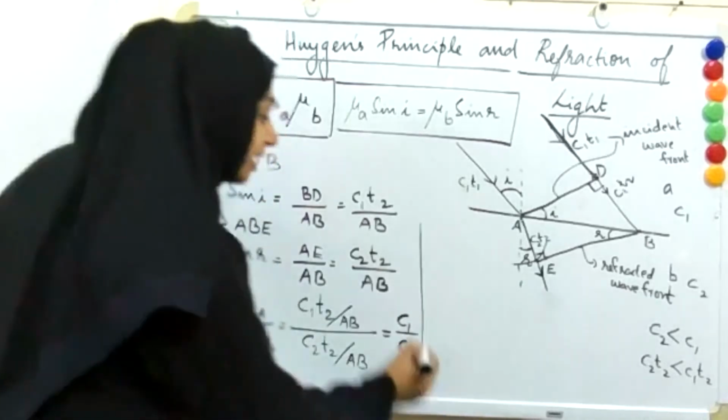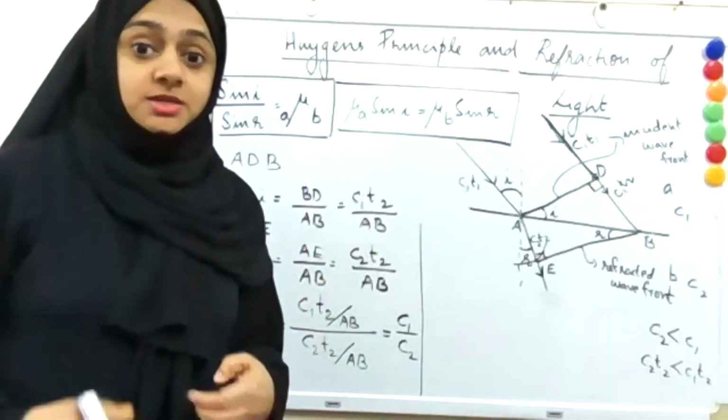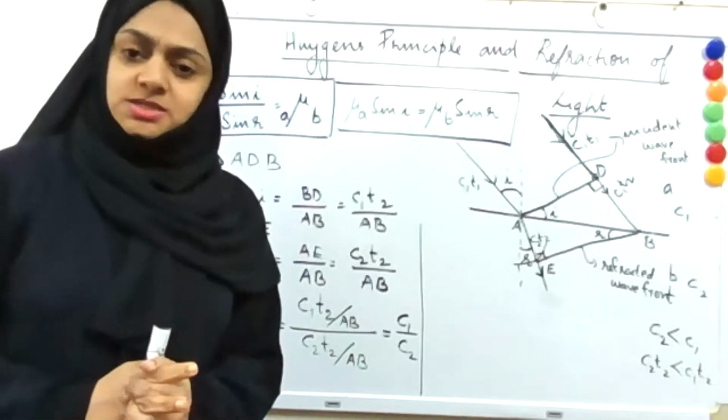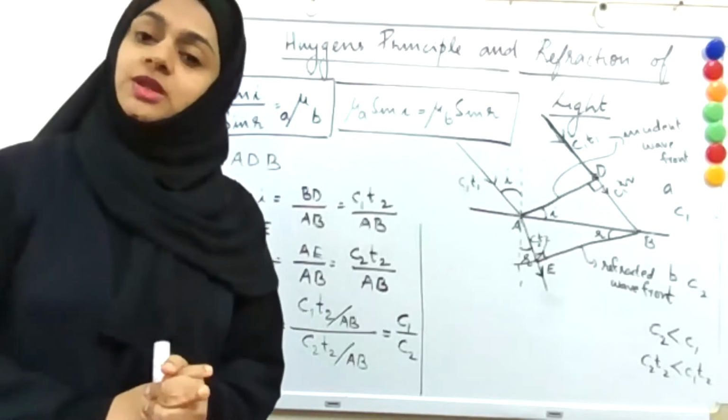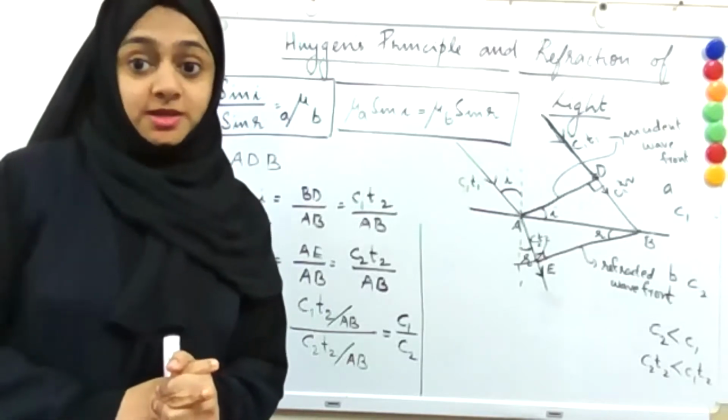Now, you have learned the definition of refractive index in terms of the speed of light. What is refractive index in terms of the speed of light? Refractive index of a medium.